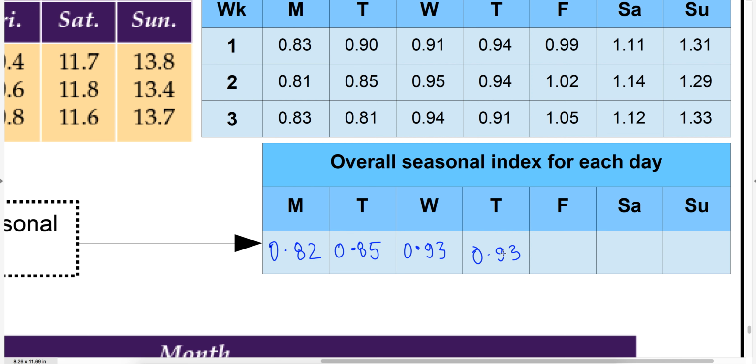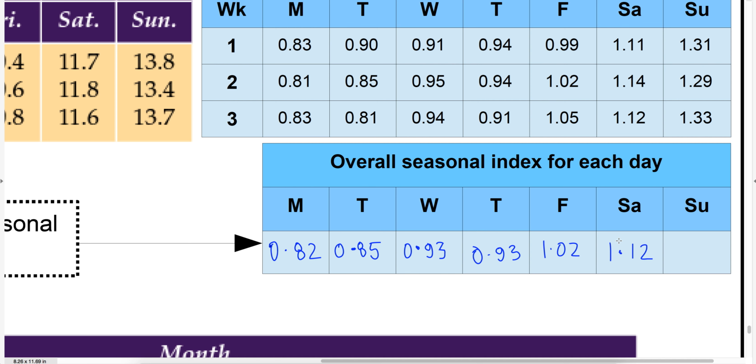And this is where we're starting to get values above 1. So 1.02 average, and we've just got 2 to go. So 1.11, 1.14, 1.12. It comes out as 1.12 rounded.